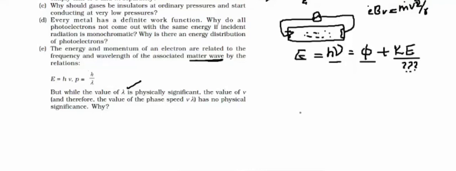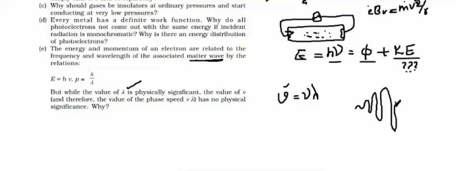Now come to frequency. We have the formula v is equal to nu lambda. And what is this speed? This speed is actually the speed of an individual wave in the wave packet. So we have the wave packet like this.